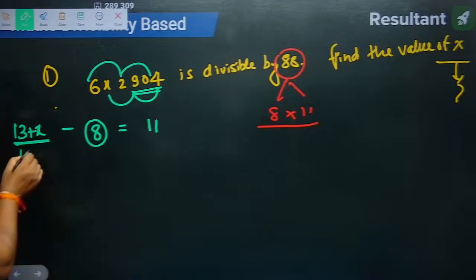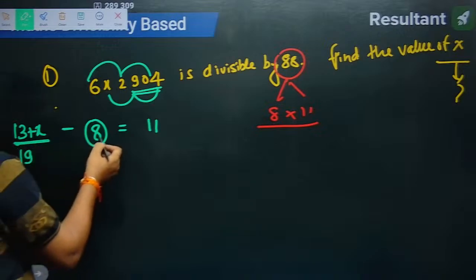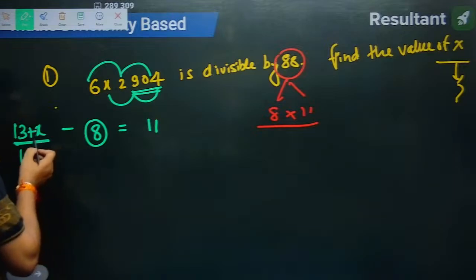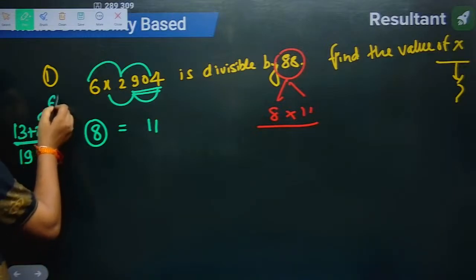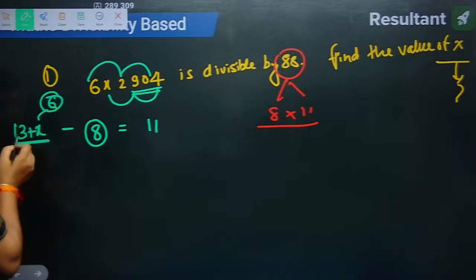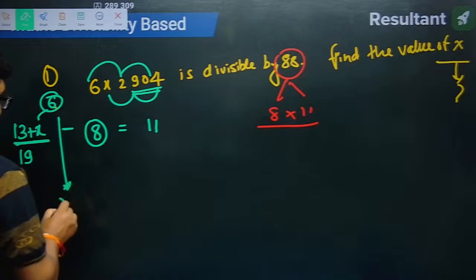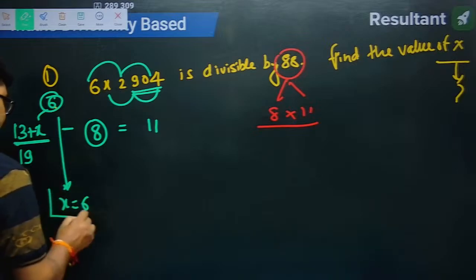That will be 19. In 19 you minus 8, the result is 11. So if you want to create 19, the value of x will be 6. If you put 6 here, it becomes 19. 19 minus 8 becomes 11. So the answer will be x equals 6.